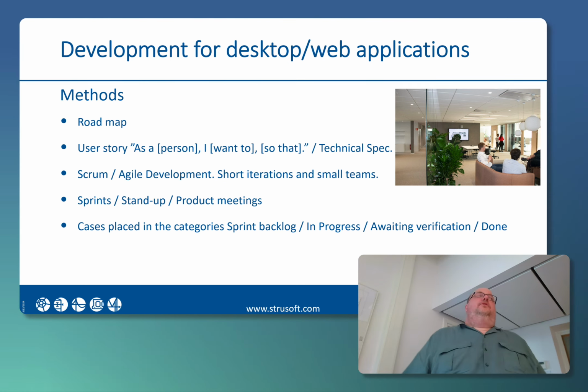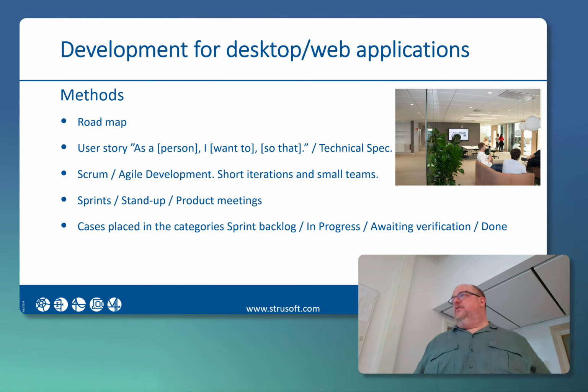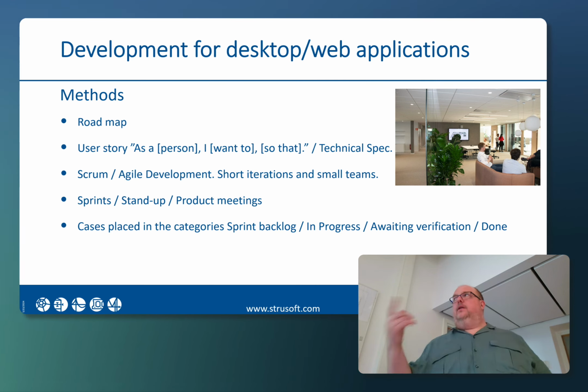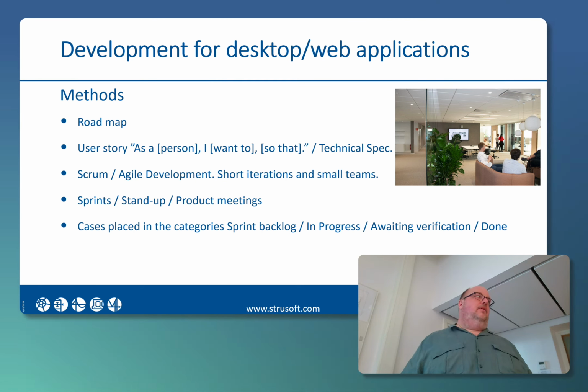And then of course when you start working on something, you put it in progress and you start working on it. And then when it's done, you put it in awaiting, and then someone will test it and so forth, and then the cycle goes on and on. So these are the methods, basically, and I'm pretty sure that you will all meet something like this if you start to work as a developer in some sense, I would say.